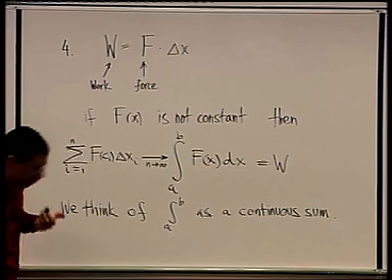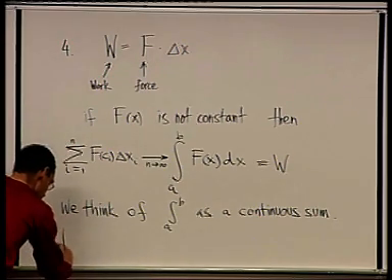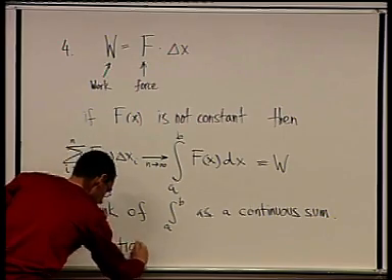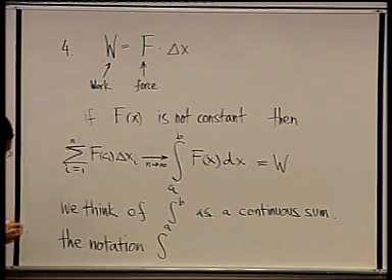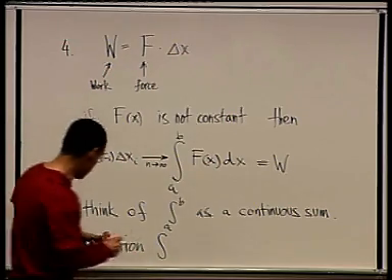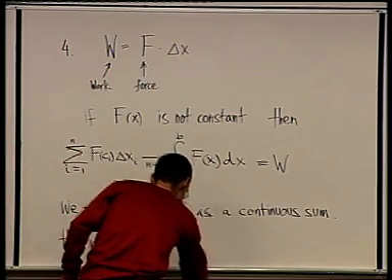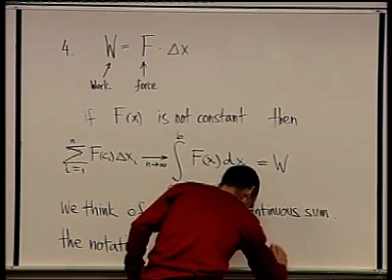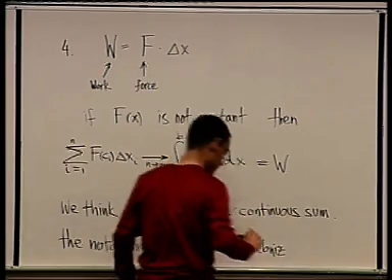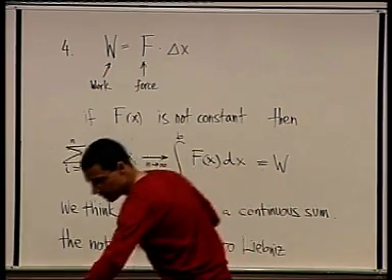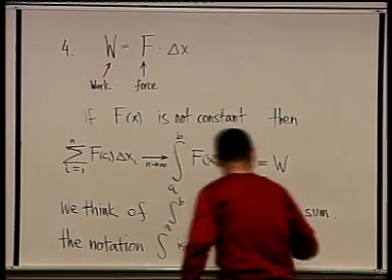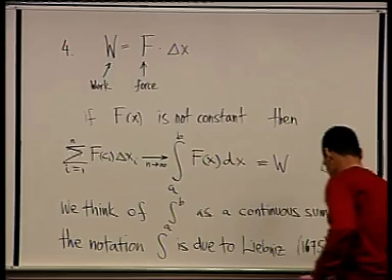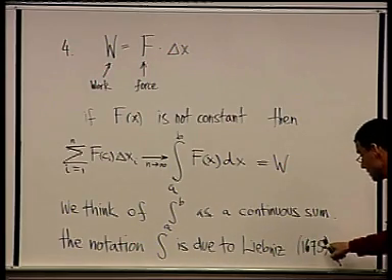And moreover, the notation, I think I mentioned this, the integral sign was invented by Leibniz, is due to Leibniz. This guy was smart. I think I even found that it was invented in 1675, but I'm not entirely sure of this.